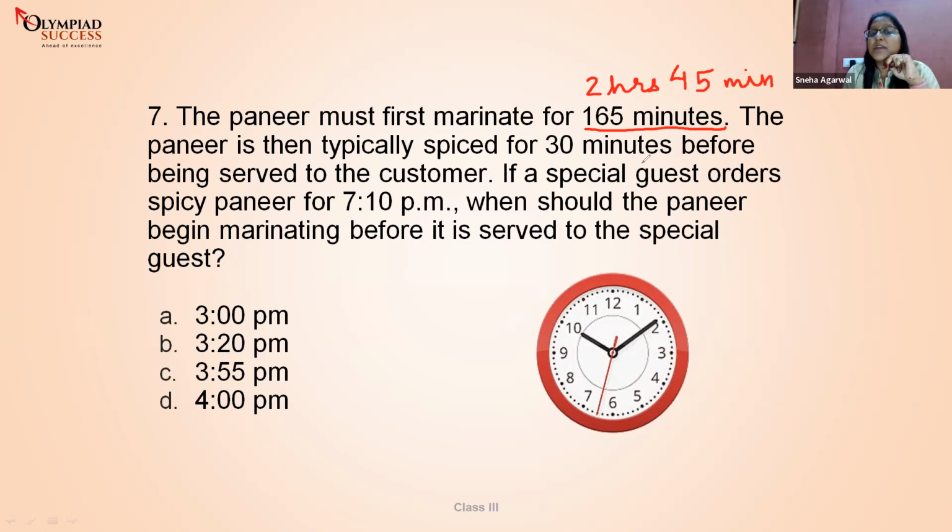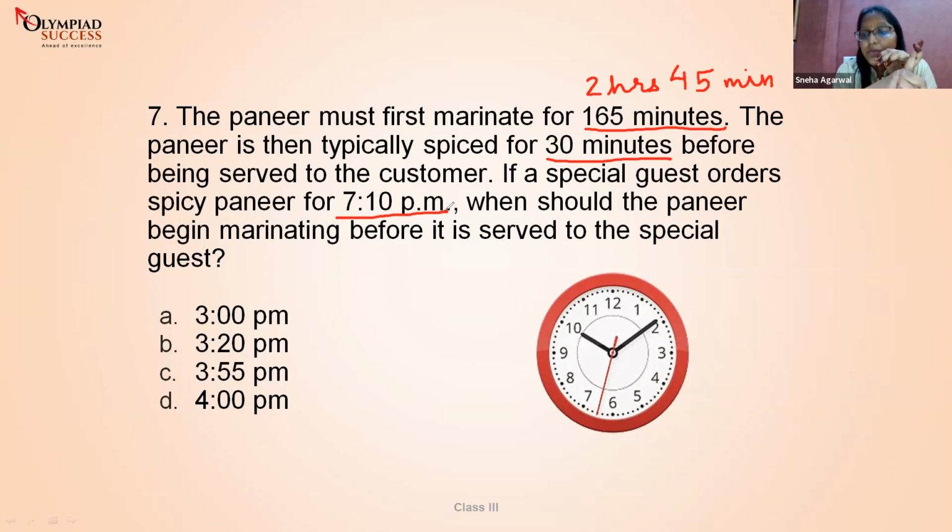And then it is typically spiced for 30 minutes before being served to the customer. If a special guest orders spicy paneer for 7:10 p.m., when should the paneer begin marinating before it is served to the special guest? They have told you that the special guest is ordering paneer at 7:10 p.m., and they need 2 hours 45 minutes to marinate it, and they also need 30 minutes to make it spicy.